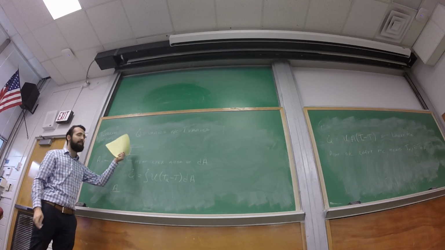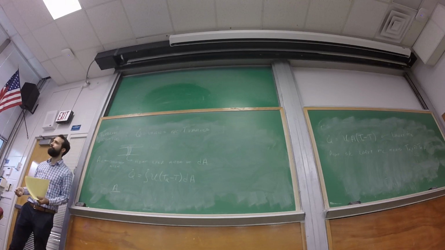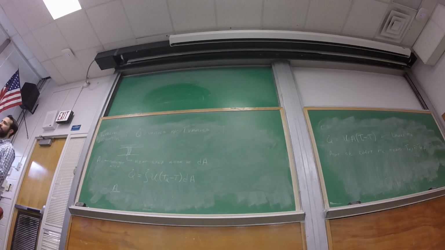This is not that. This is the inside of your ring. It's that little annular region. It's not annular. I don't know what the word is. Anybody know? It's a tiny little cylinder, right? But it's the heat exchange area. It's not the cross-sectional area. It's the heat exchange area.